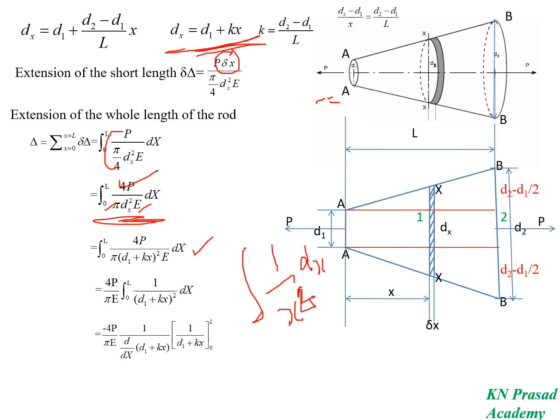What is the formula for the integration of 1 by x square dx? It is nothing but minus 1 by x. Same thing I have to write down, but here x is in the form of a plus bx.